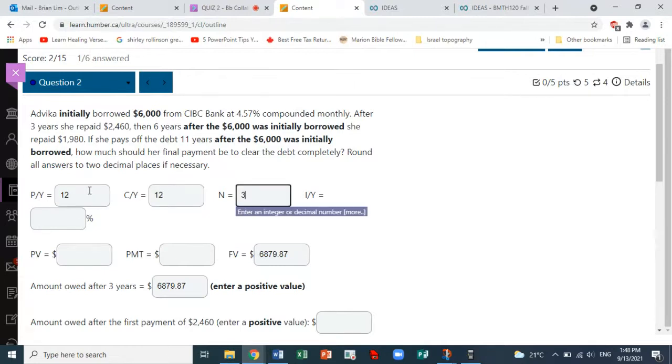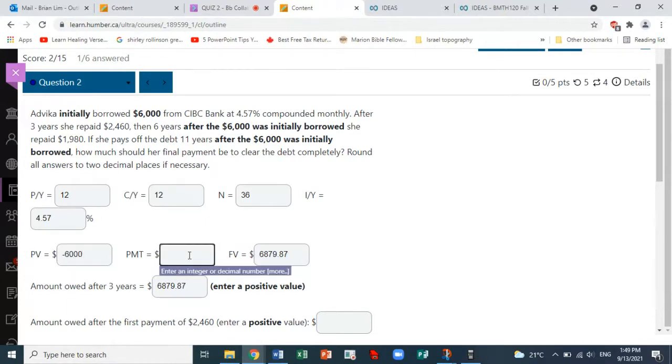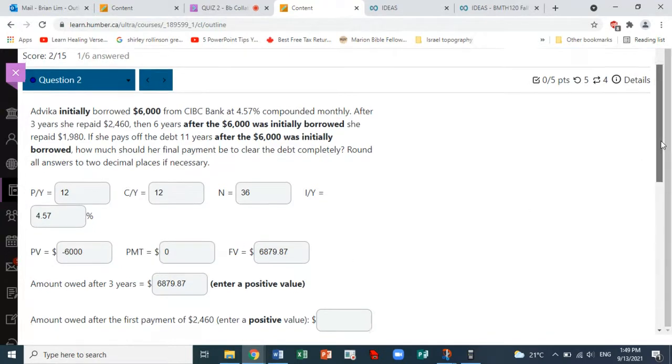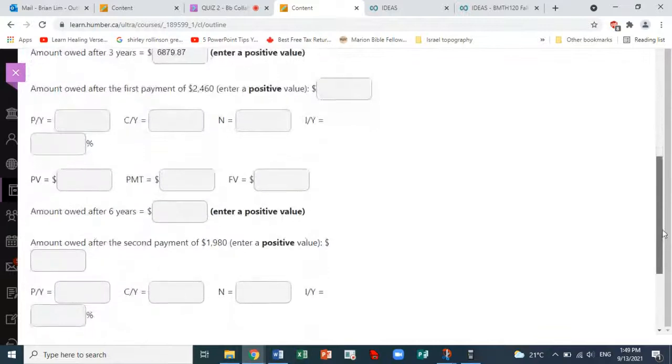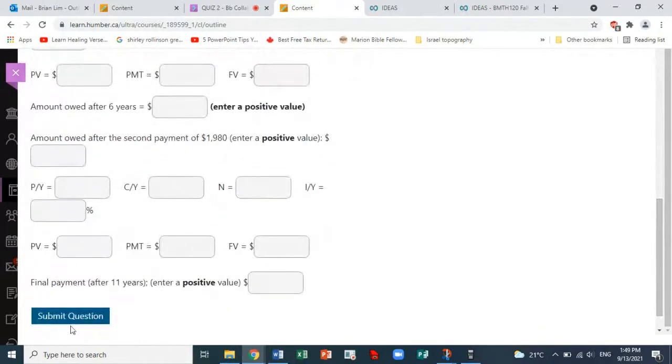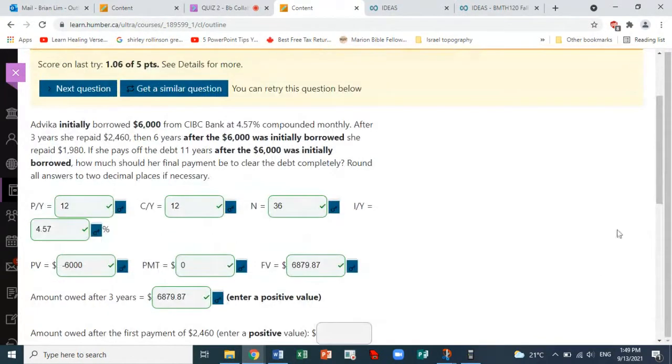And here it's 3 years, so 12 times 3 will give us 36. IY is 4.57. The present value, we could put it in as negative or positive, it doesn't matter. We could put it as the 6,000, although positive might be more realistic, but anyway, let's check and see if our entries are correct. And it turns out they are.